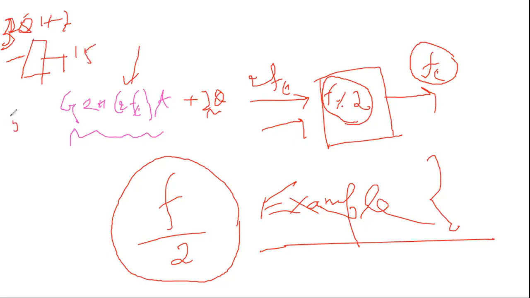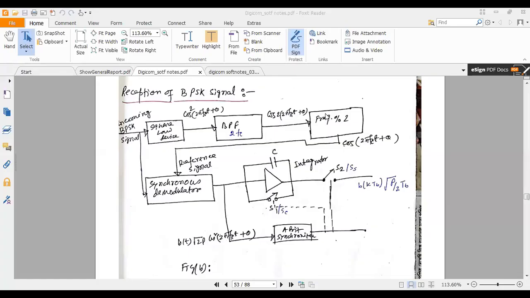If you send 50 hertz, at the output you will get 25 hertz. Thus it just makes it half. So this is the case. Here this frequency divided by 2 circuit divides the frequency.